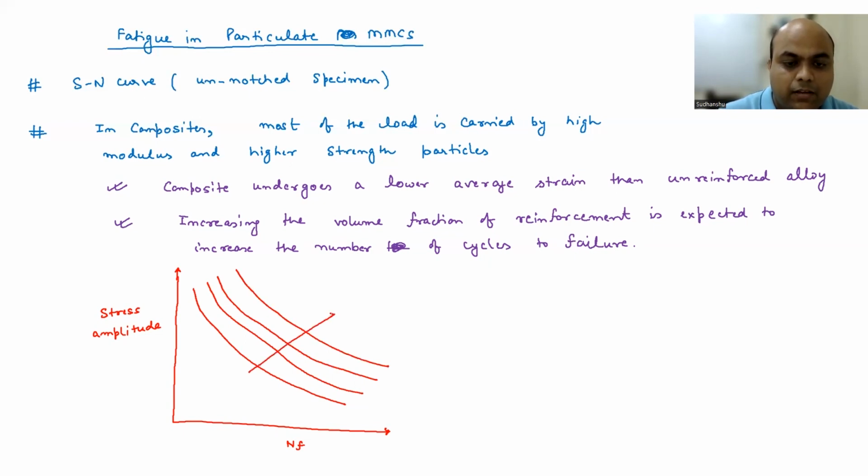So this way you are increasing the volume fraction. The bottom one is say 0%, then 10%, 20%, and 30%. And this plot is for the effect of volume fraction at constant particle size.